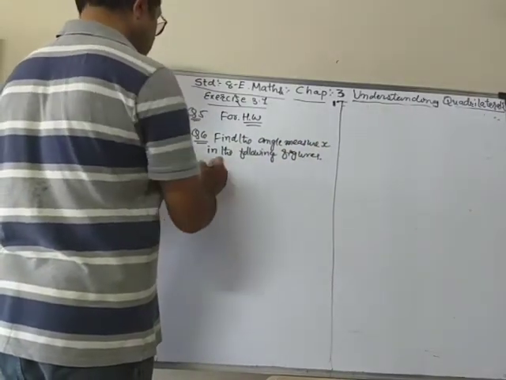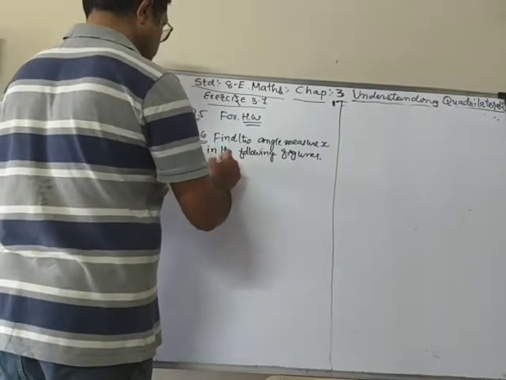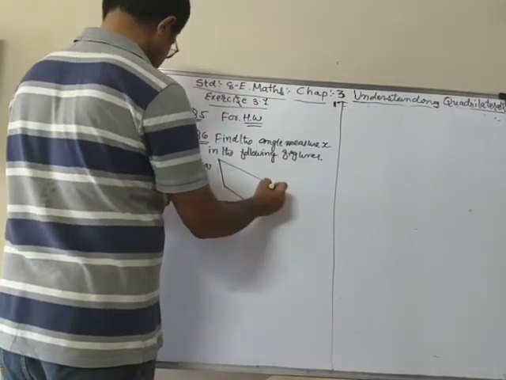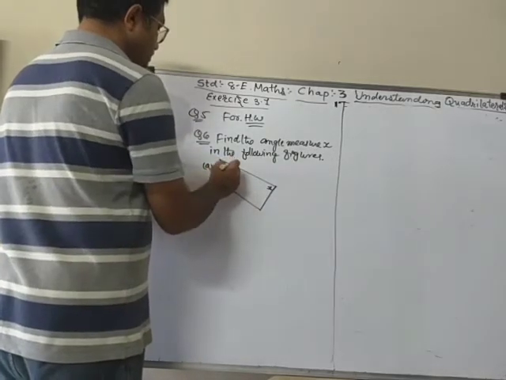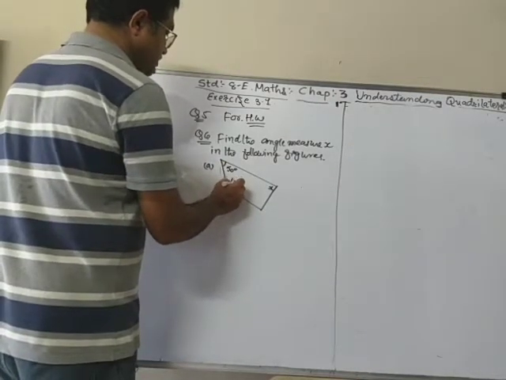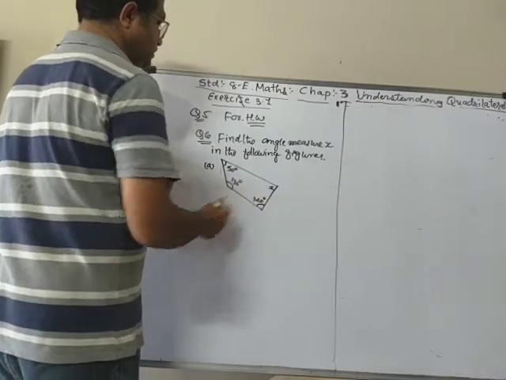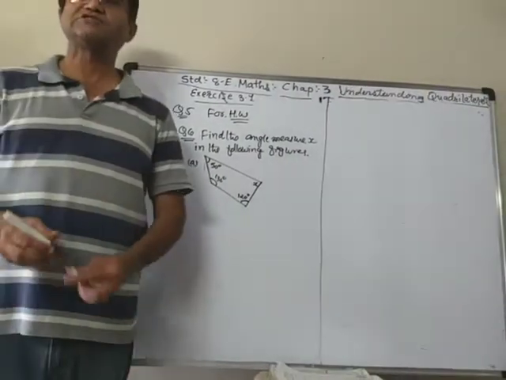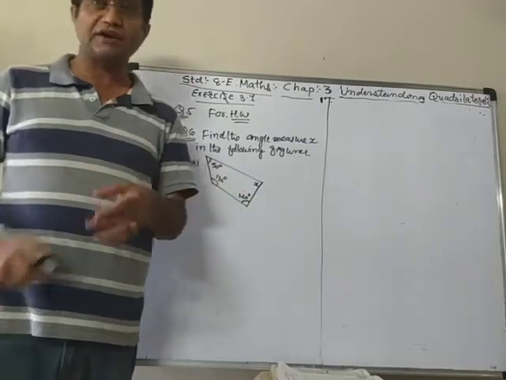First, figure A is like this. This angle is x. Here it is 50 degree. Here it is 130 degree. And here it is 120 degree. Now we know the angle sum property, that the sum of the interior angles of a quadrilateral is how much? 360 degree.